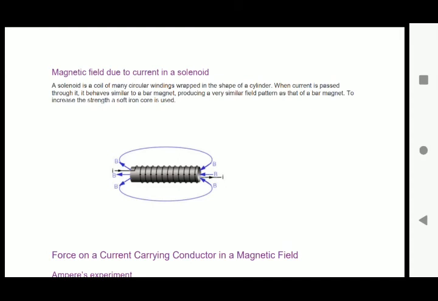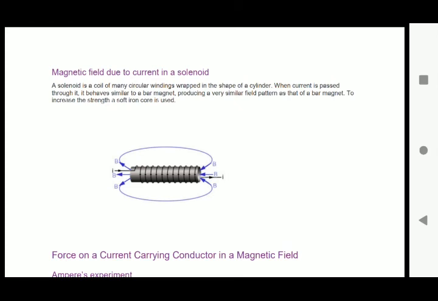That means the strength of magnetic field is same at all the points inside the solenoid. But outside that, the field line starts from the north pole and ends at the south pole. And the magnitude of magnetic field near to the poles will be greater than other places.